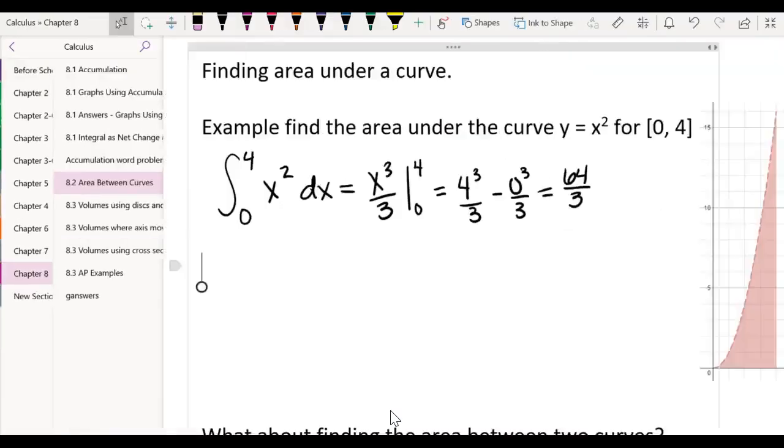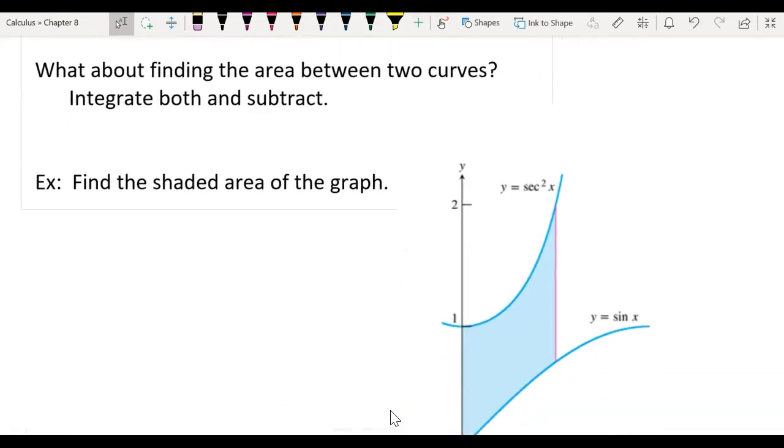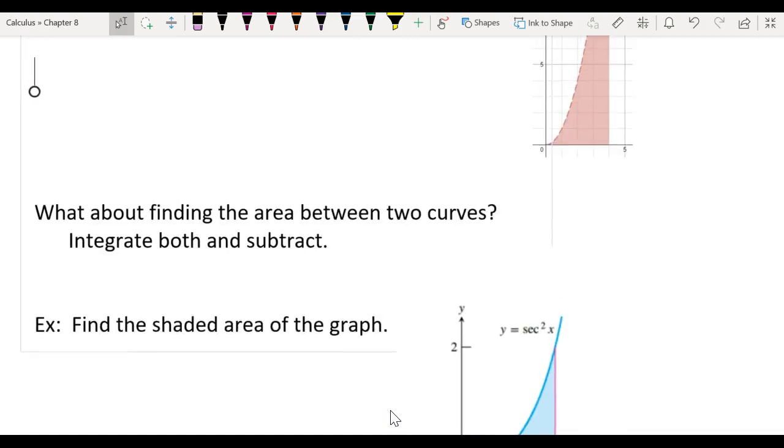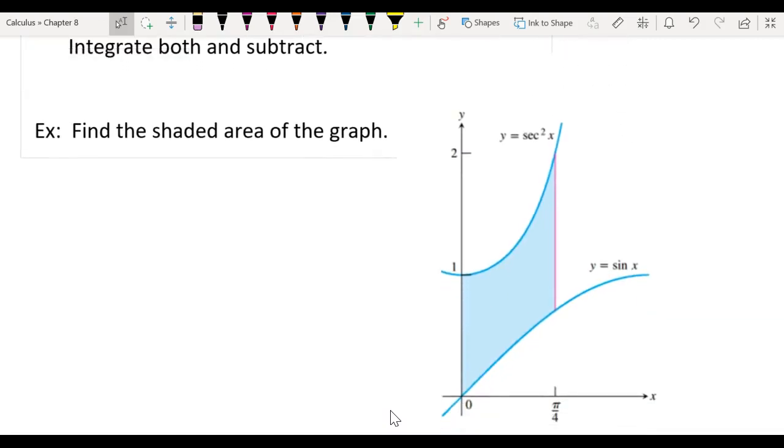Today we're doing area between two curves. This is an example where we have two curves. We have this curve that's on top and the curve that's on bottom. You guys see that? And so what you're going to do is integrate both.